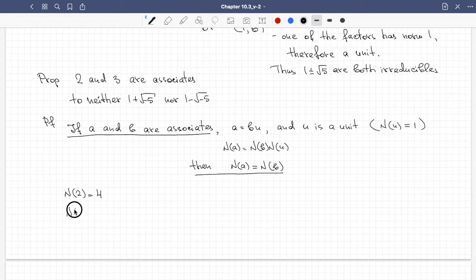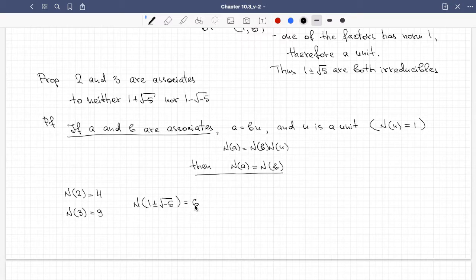And norm of 3 is 9, while norm of 1 plus or minus root of negative 5 is 1 squared plus 5t squared, t is 1 or negative 1, doesn't matter when it is squared, it is anyway 6.